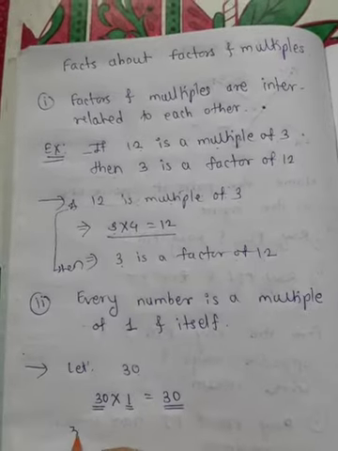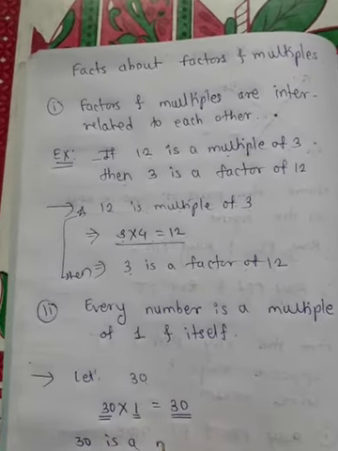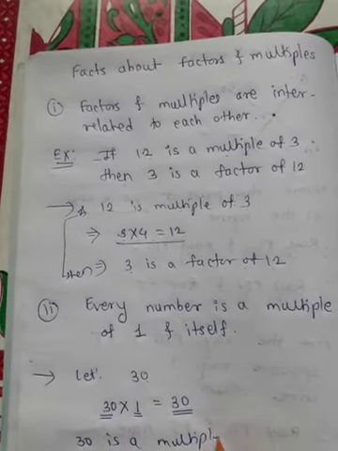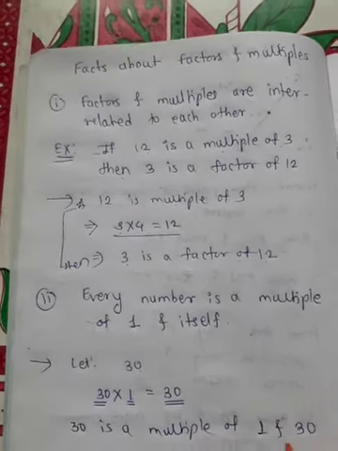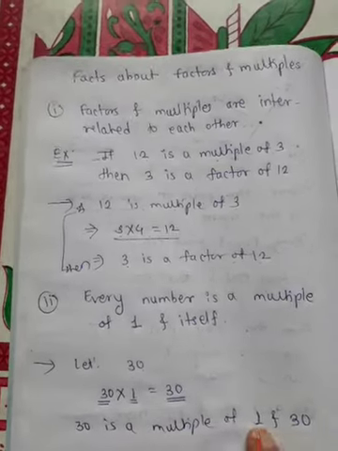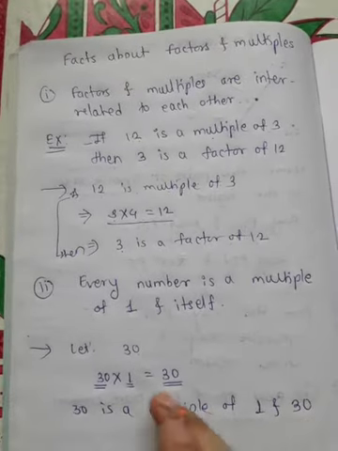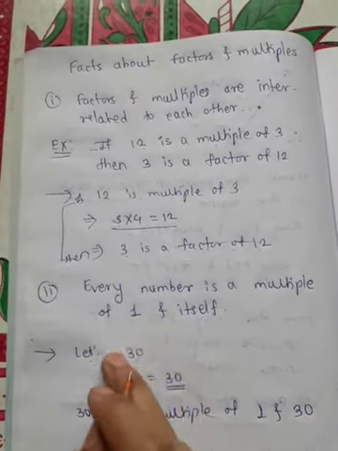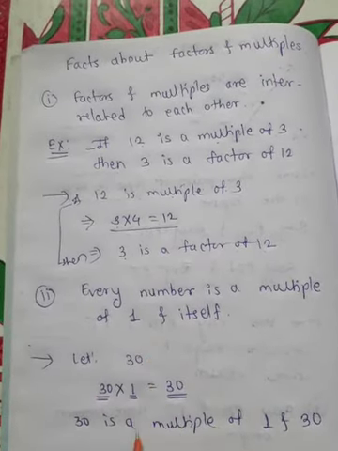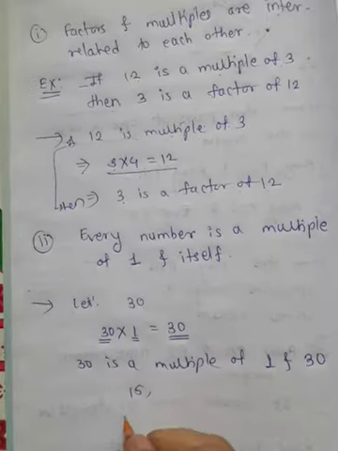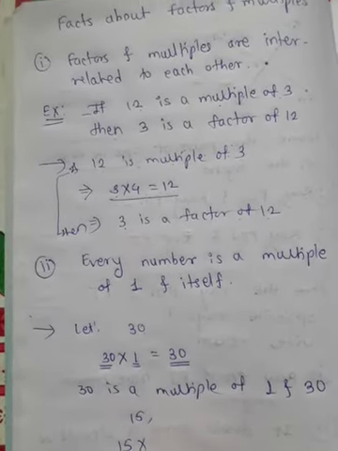So 30 is a multiple of 1 and 30, which means 30 is a multiple of 1 and itself. If we take any number, this property proves. If we take 15, then we know 15 into 1 gives 15.